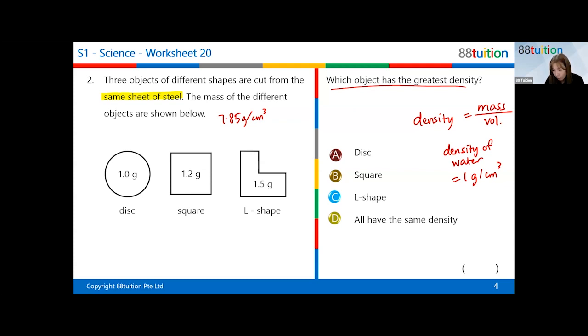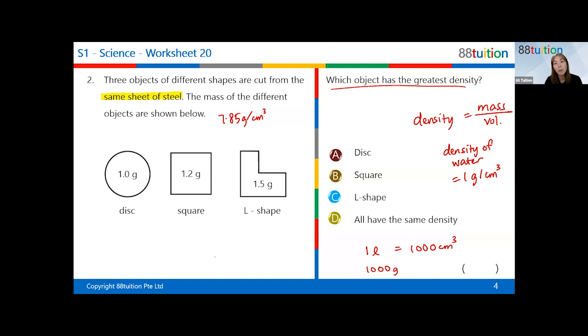Do you know that 1 liter is actually 1,000 cm cube? If you don't know the conversion, now you know, okay? Then 1 liter of water is actually 1,000 gram. That is standard for water.